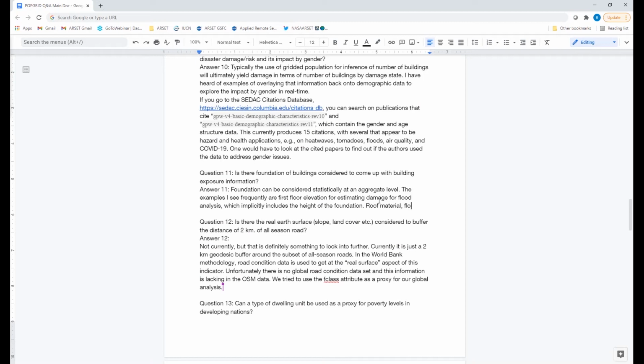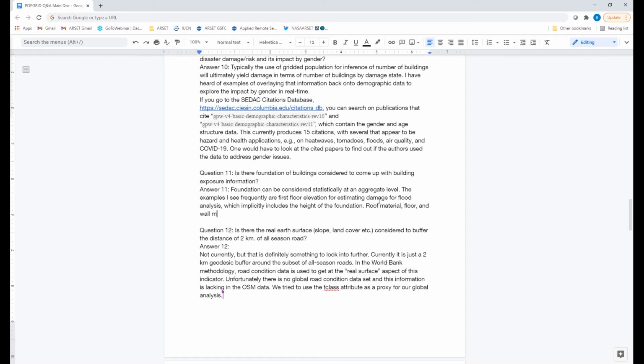Foundation is used in the context of that, but typically not directly. Some folks doing more detailed analysis will try to infer what are called secondary indicators, which can include foundation type if they have a damage function that directly relates to it, but in general, it might be too much detail.